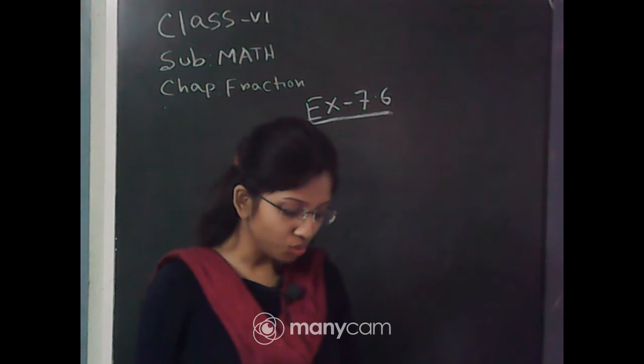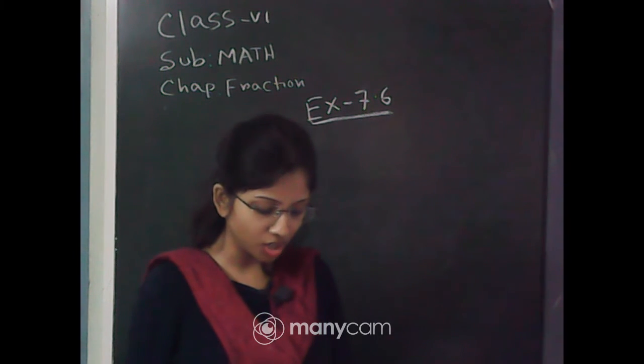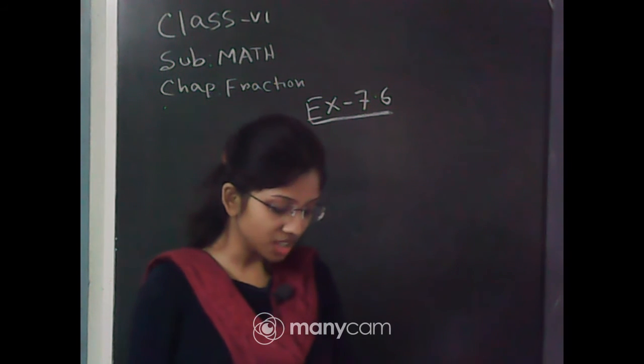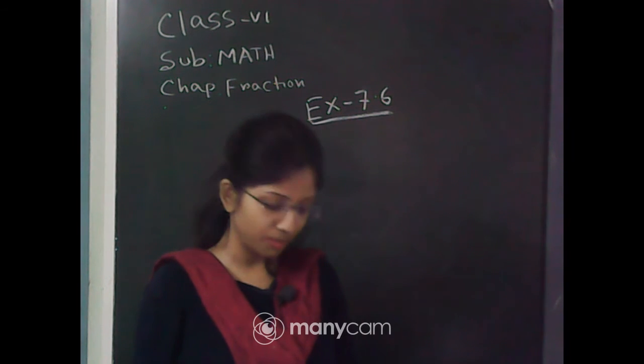Sarita bought 2 by 5 meter of ribbon and Lolita bought 3 by 4 meter of ribbon. Then what is the total length of the ribbon they bought?